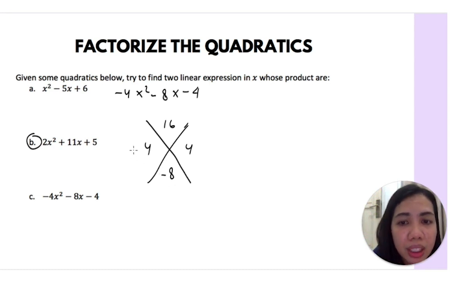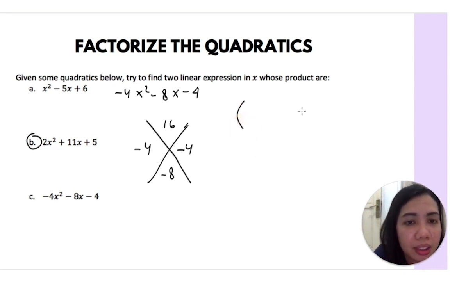You can put minus 4 and minus 4 here. Whenever I multiply minus 4 times minus 4, I get a positive 16, and whenever I add those, I get a minus 8. So it's perfect that those numbers are minus 4 and minus 4. After that, I'll make two brackets like this.